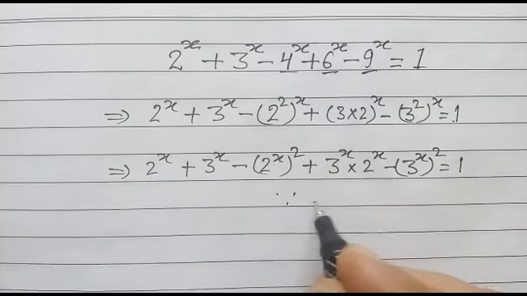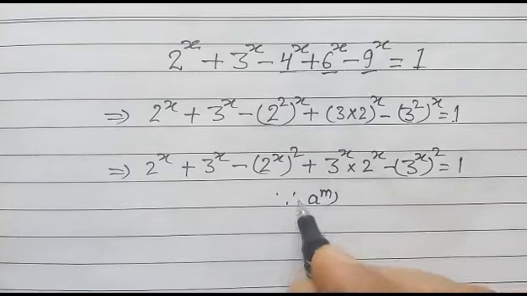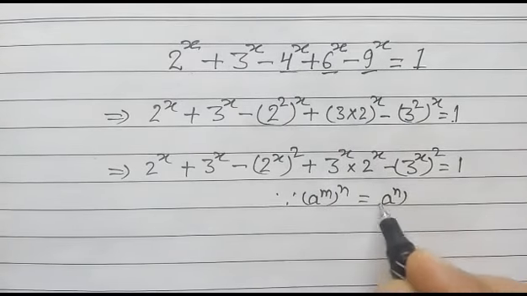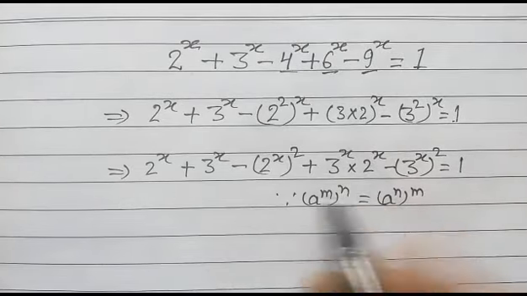Because (a^m)^n is equal to (a^n)^m, right?